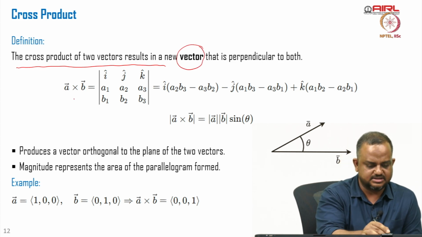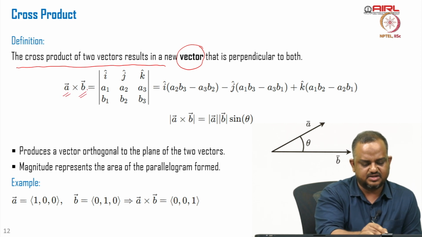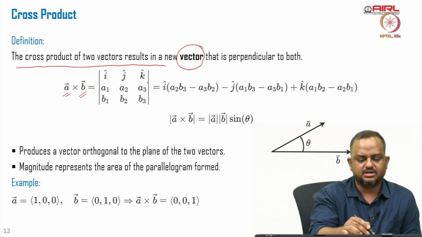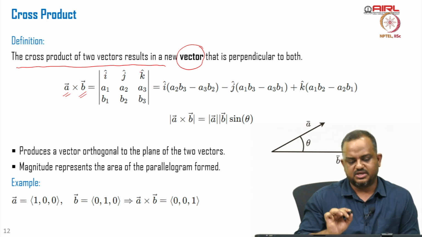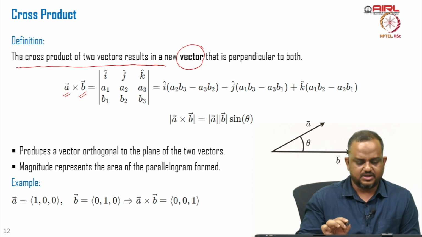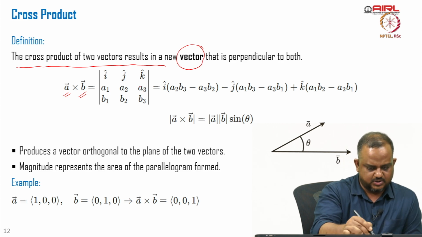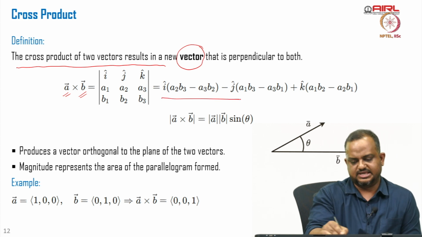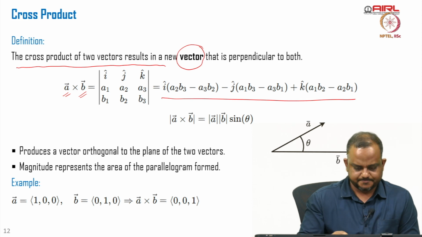It is something like this: a vector A and another vector B. If we take the cross product, it is computed in terms of determinants, where i, j and k are unit vectors along x, y and z directions. Now the vector A is A1, A2, A3, the other vector B is B1, B2, B3, and accordingly we get the cross product.